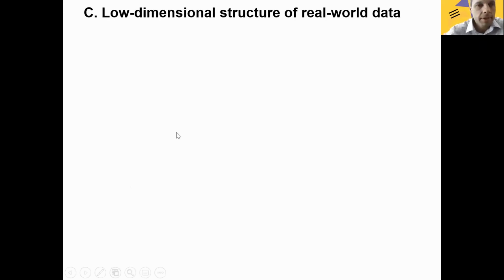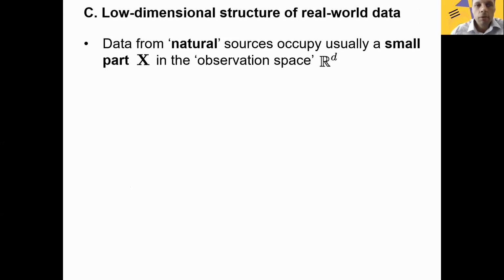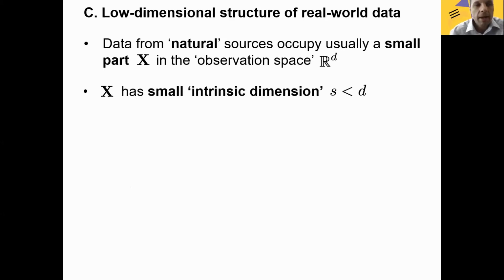Another statement is that real-world data has low dimensional structure. That means that data from natural sources often occupy a small part in the observation d-dimensional space. That means that actually the data has small intrinsic dimension.